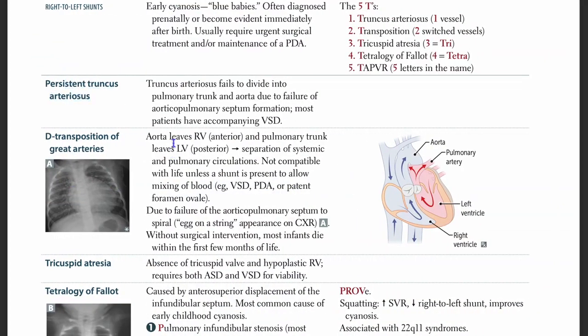Okay. Then you have two for transposition, which is two switched vessels. So this is the one with a closed system, right? D-transposition of the great arteries. Because of this, you would try to keep the patent ductus arteriosus, because that's the only way you can get oxygenated blood going into the system, because right now it's a closed system. What this is: the aorta leaves the right ventricle, right, instead of the pulmonary artery, anterior, and the pulmonary trunk leaves the left ventricle instead of the aorta, or the posterior.